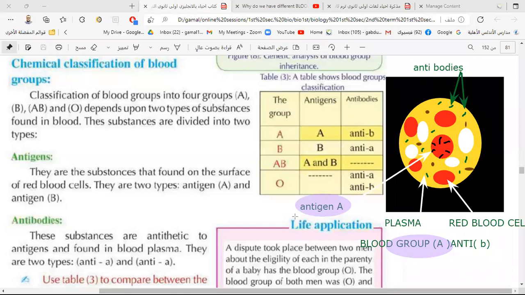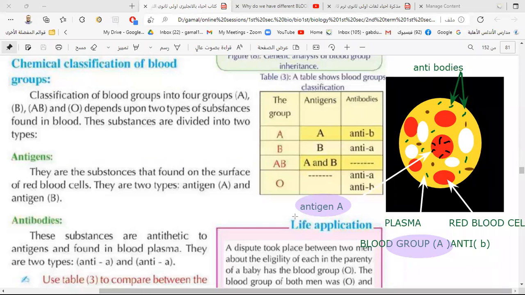So we have two chemical substances: one in the plasma of the blood and one on the red blood cell surface. The one in the plasma is called the antibodies, and the one on the surface of the red blood cell is called the antigen.